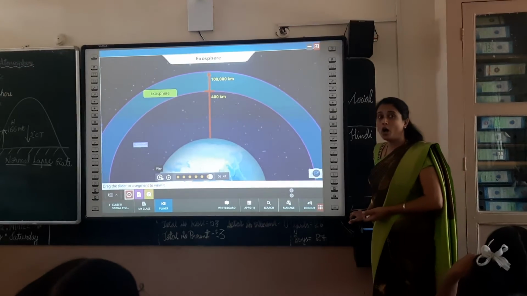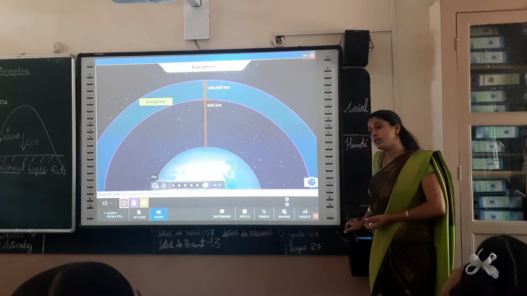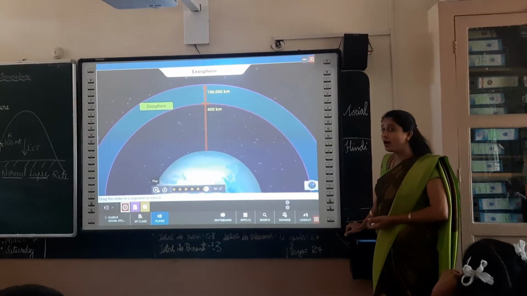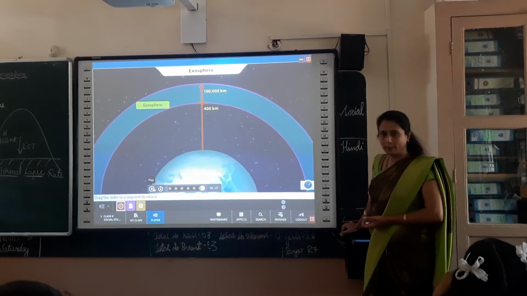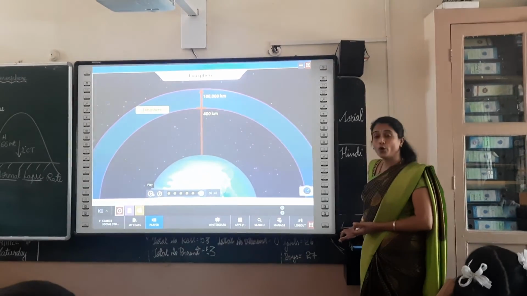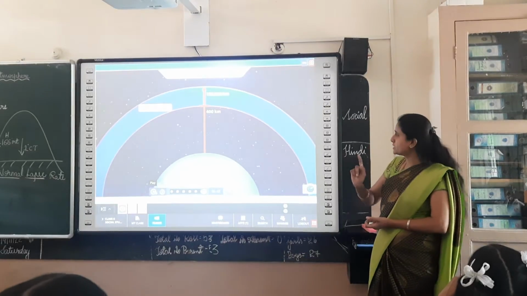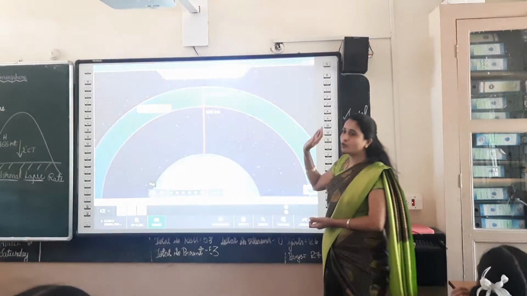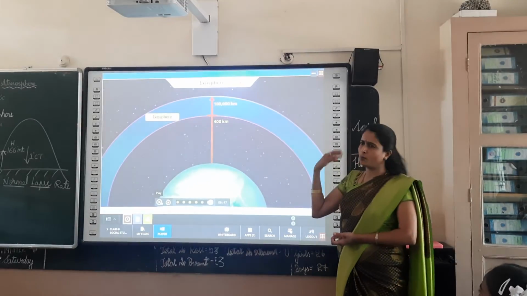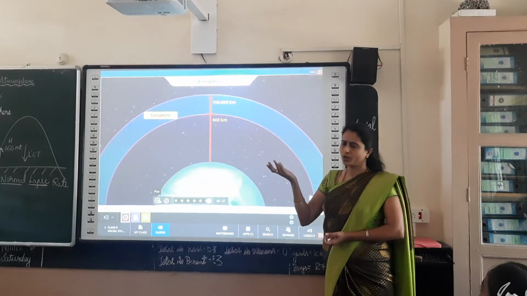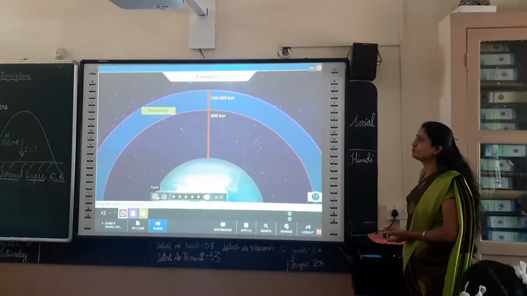Remember, if they ask which is the outermost layer of the atmosphere of Earth, you should write exosphere. It has no limit. From around 400 kilometers, its area of activity starts, and it extends almost halfway to the moon, and gradually becomes one with space.